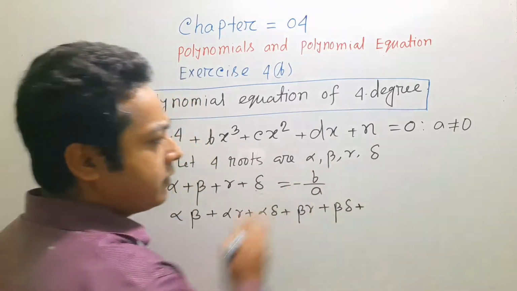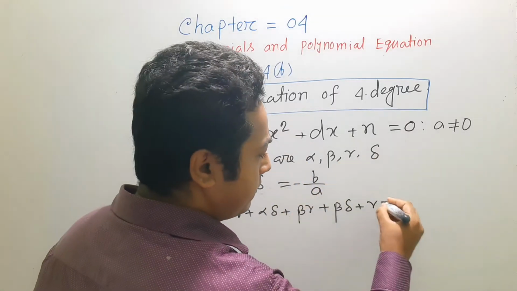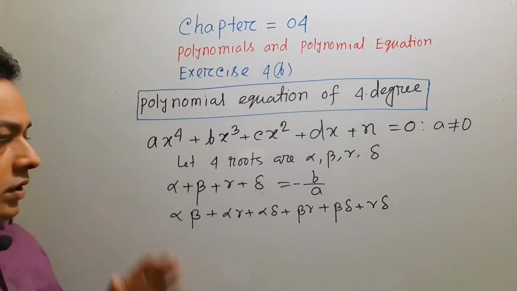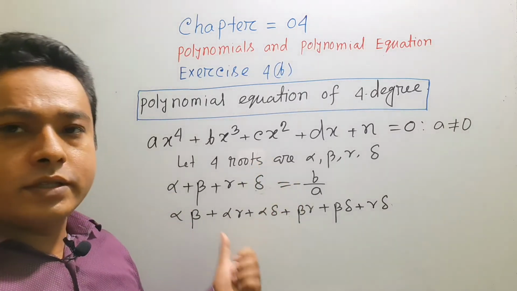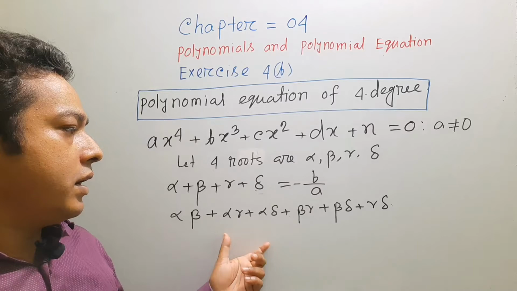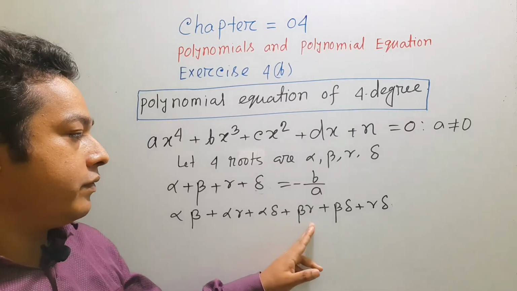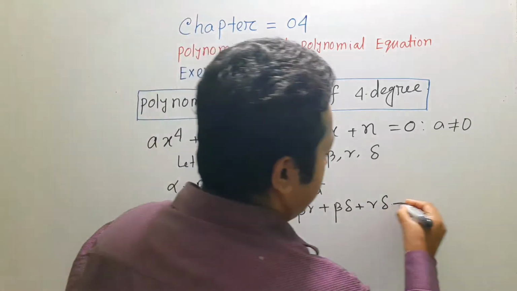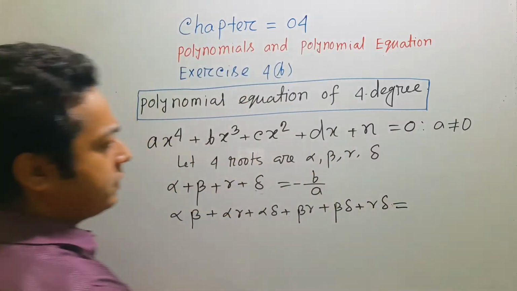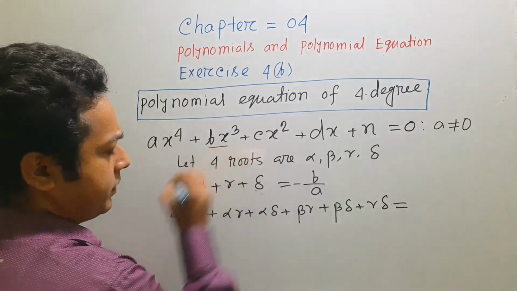Then gamma, it will be only 1, gamma delta. Okay, dear student, if taking 2 roots at a time, then the total combination will be 6: 1, 2, 3, 4, 5 and 6. So what will be the result?